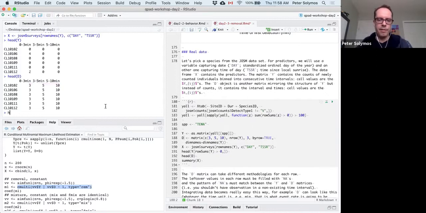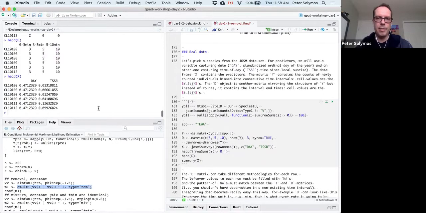So now the head of X, and by head, I mean the first 6 rows. I'm just having these 2 columns because this is what we are going to use. Day, that is the ordinal day of year divided by 365. So we get a number between 0 and 1.